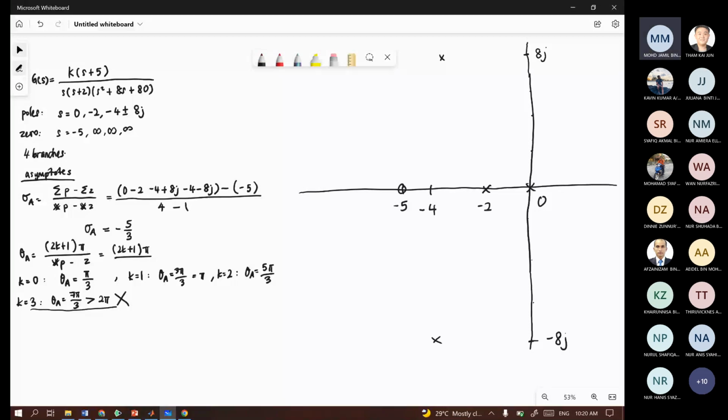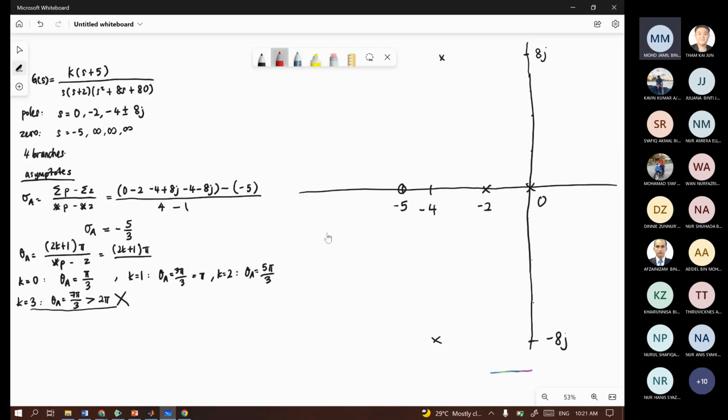Okay, and then we can determine the location of root locus on the real axis. So from positive infinity to 0, there is no root locus on this axis because there is no pole or zero at this region. And then from 0 to -2, we only have one pole here.